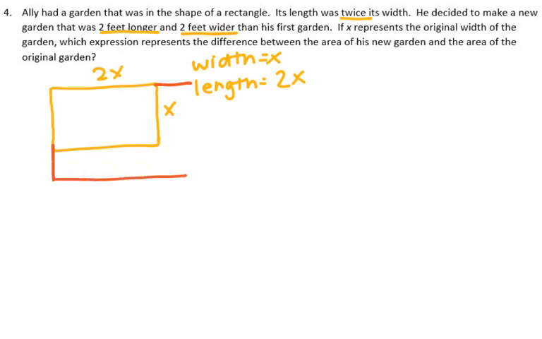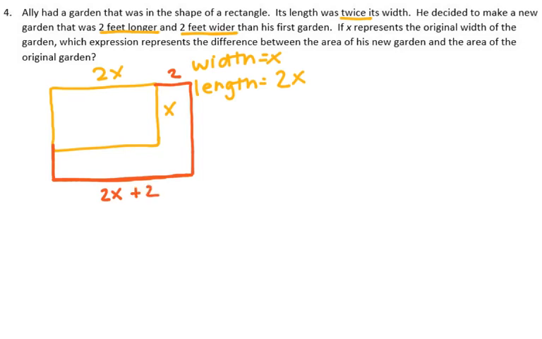What I now have is a garden where this full side is going to be equal to my original 2x plus this little piece of 2 right here. So I just write plus 2.